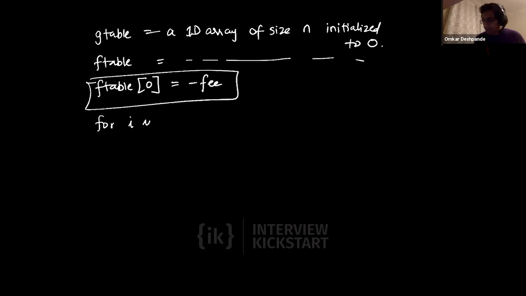And then we have our usual loop where all the managers from bottom to top calculate f of I and g of I and store them in f table of I and g table of I. So what's f table of I according to our recurrence equation?